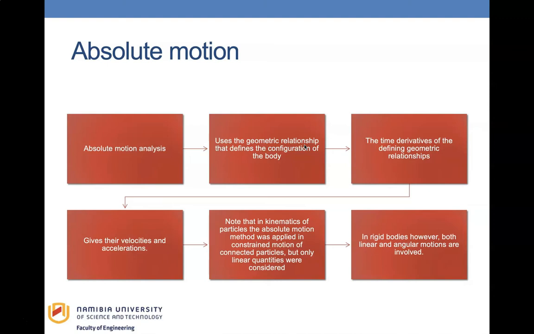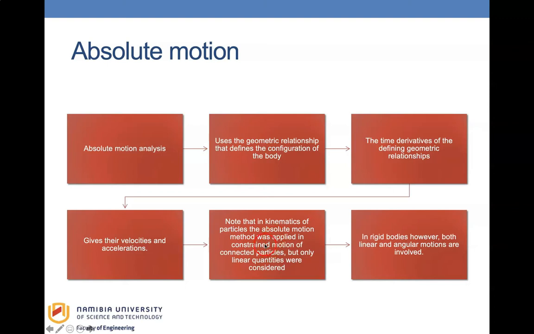Of course, if you differentiate the displacement once, you get the velocity. If you differentiate twice, you get your acceleration. From there, we take note of the fact that in the kinematics of particles, the absolute motion method was applied in constrained motion of connected particles, where we were able to find the length of the connections, and based on the length of the connections, we were able to arrive at our velocity and acceleration.